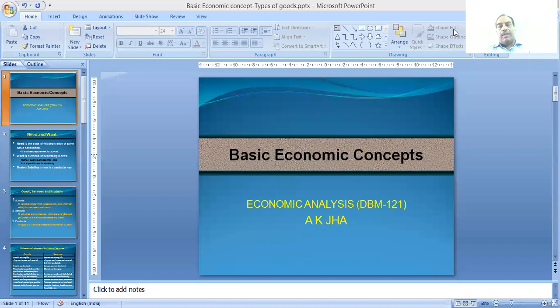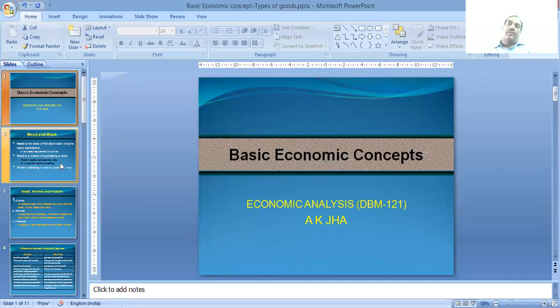Today we are going to discuss some of the basic economic concepts which are widely used in economics. The beginning of any economic activity or problem is needs and wants. We have needs, we have wants, and to satisfy them, we need goods and services.